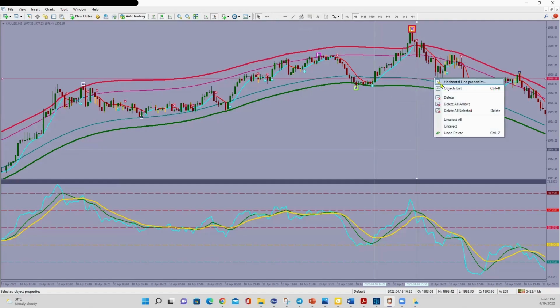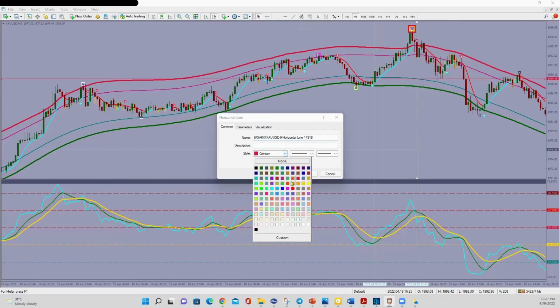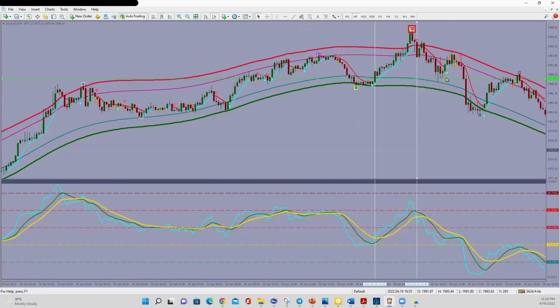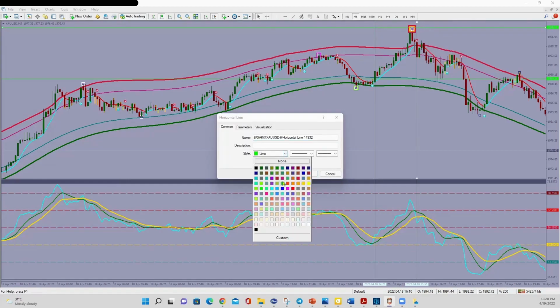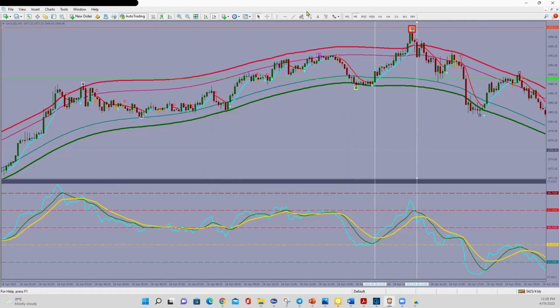I'll change that to green for TP. And you have your stop loss here. So let's measure 5 pips above the highest high.